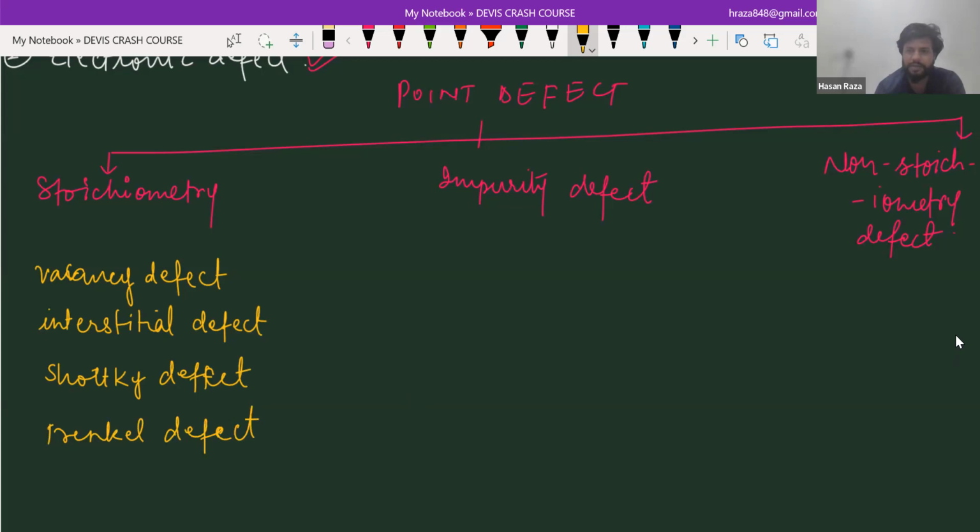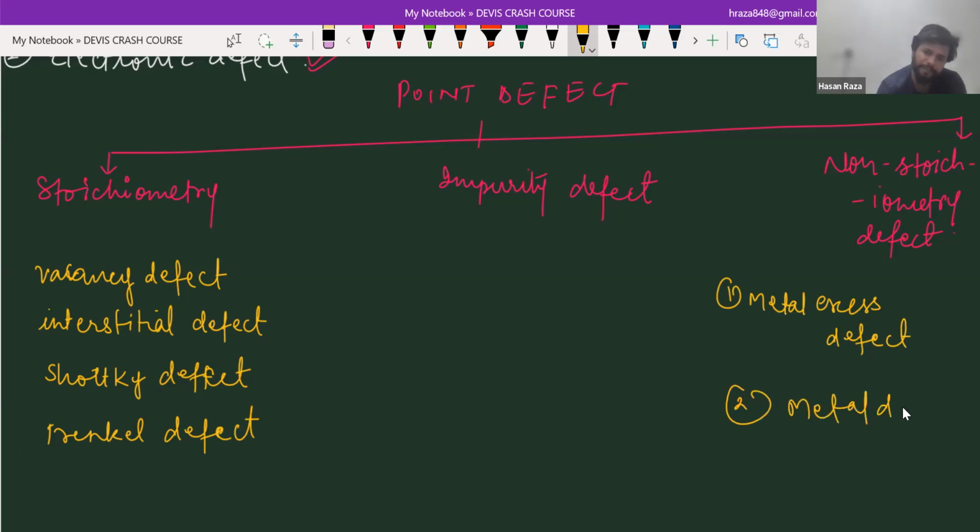Now, non-stoichiometric defect is basically metal excess defect and then metal deficiency defect. Basically, this will be further divided, which we will study.